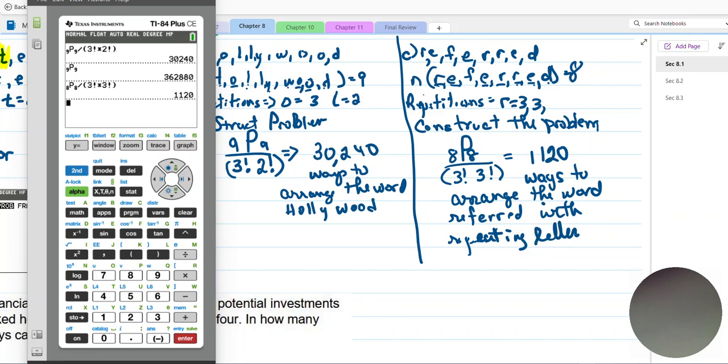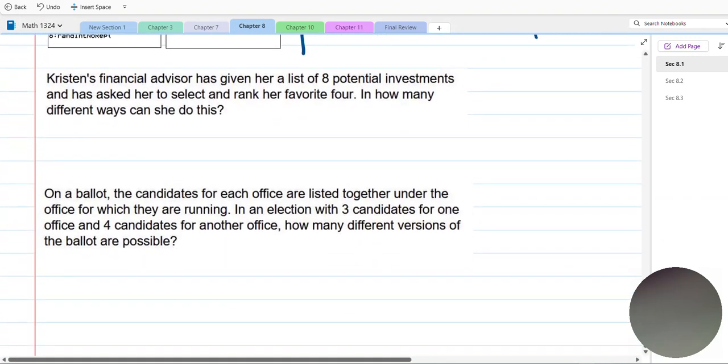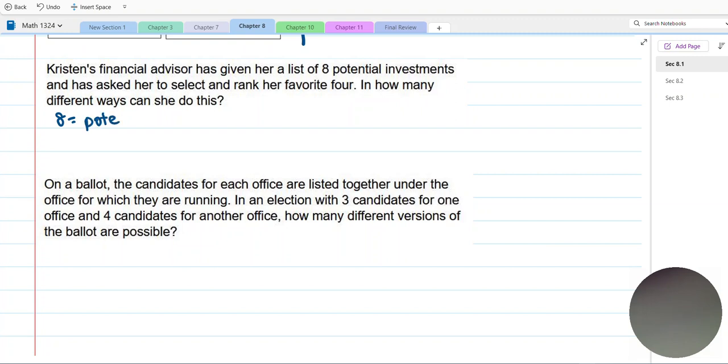All right, we've learned a lot. Absolutely learned a lot. So let's see where we're at. We're at this question here. Kristen's financial advisor has given her a list of 8 potential investors, and has asked us to select and rank.